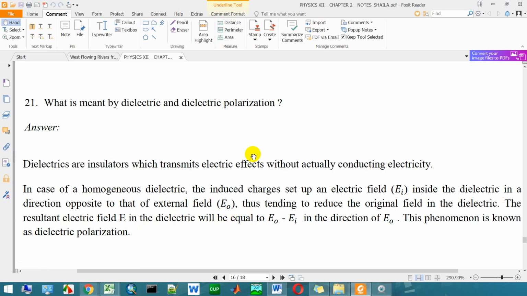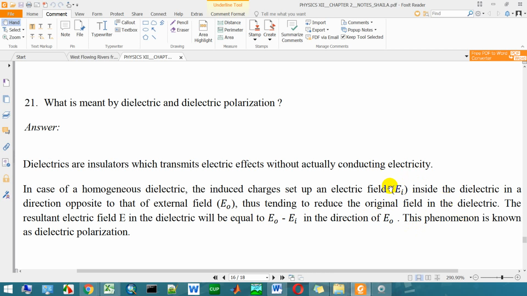In conductors, we have learned that a stage comes when the induced electric field and the applied external field become equal and opposite, and thus the net field inside the conductor is zero. But inside the dielectric, this induced field is of course opposite to the direction of the external electric field, but they cannot become equal for a dielectric. Only it tends to reduce the original field in the dielectric.